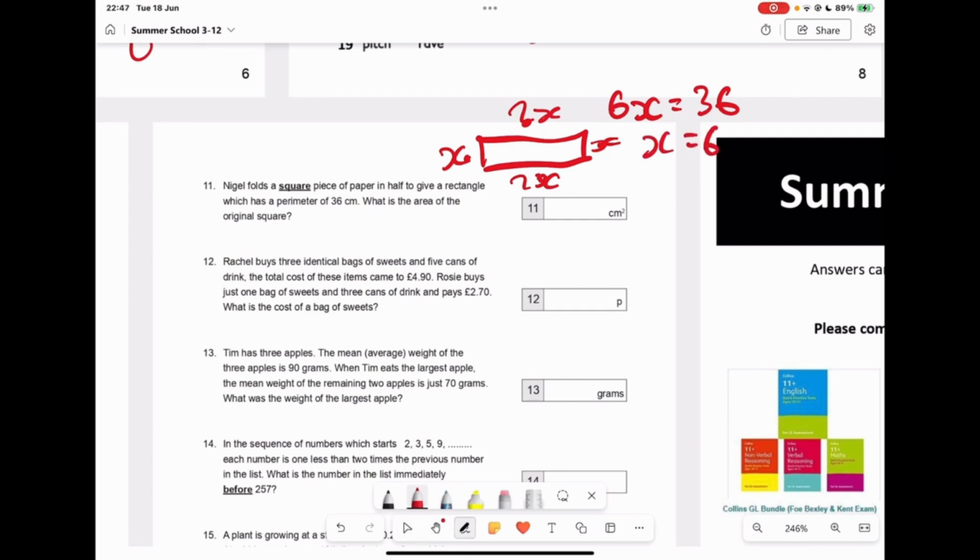So we're taking the 6, and we know that the 6 is the length of half. So 2x is 12, and that's the length of one side of the original square. So the area would be 12 times 12, which is 144.